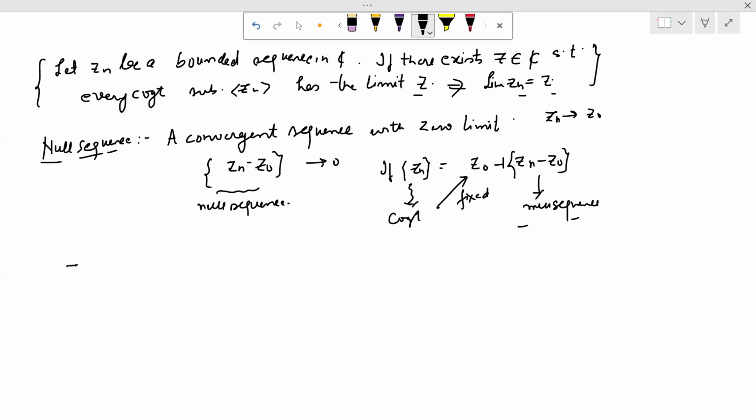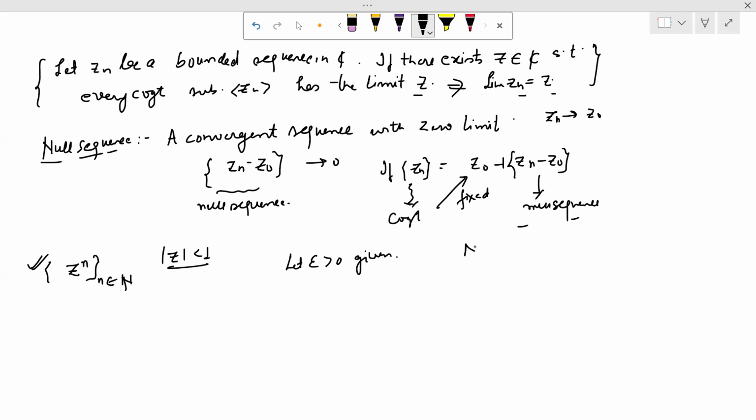Okay, one of the simple examples of null sequences is Z^n. So this sequence will converge towards zero if modulus of Z is less than 1. So clearly this is a null sequence. For this we need to prove that, let epsilon be given. Let epsilon greater than 0 be given.